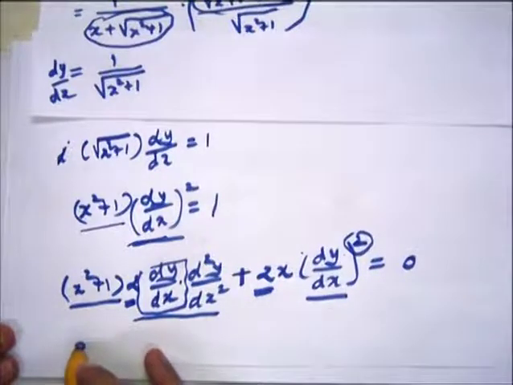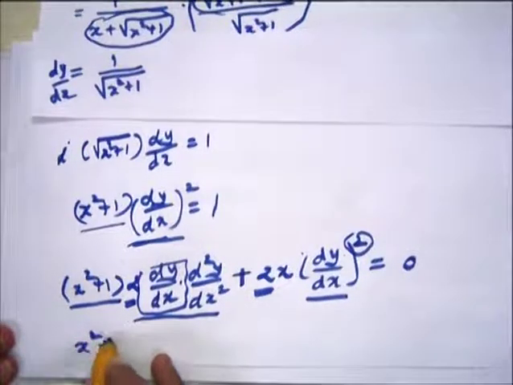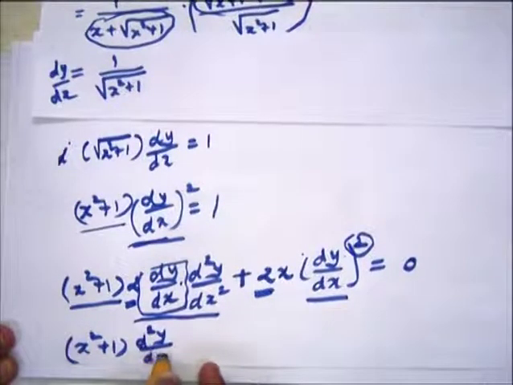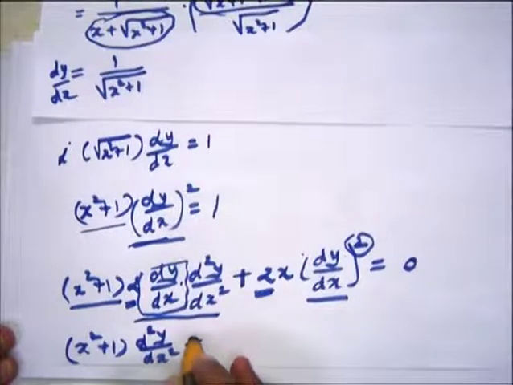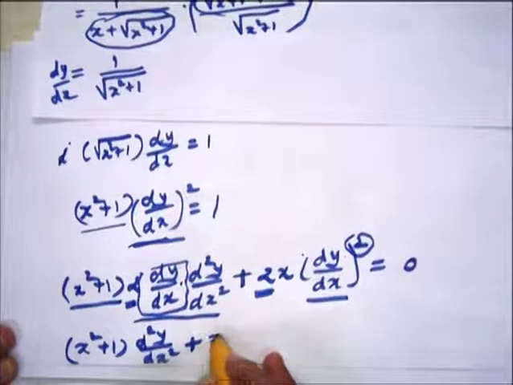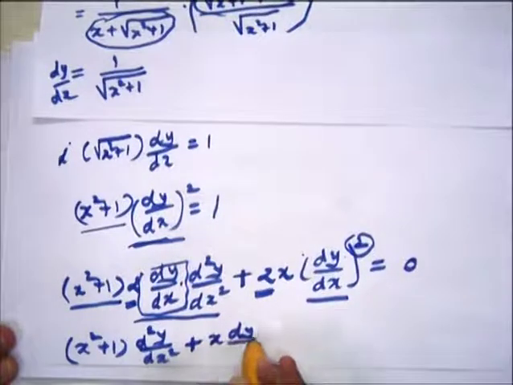So the remaining term here is x square plus 1 into d2y by dx2, that is the second order derivative, plus x dy by dx is equal to 0.